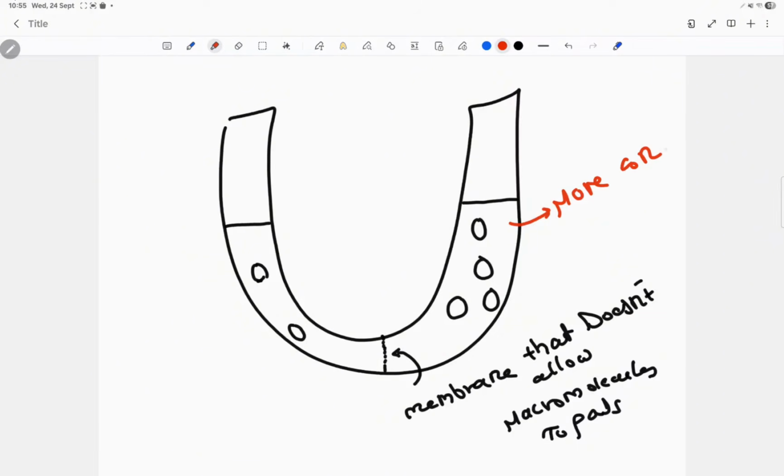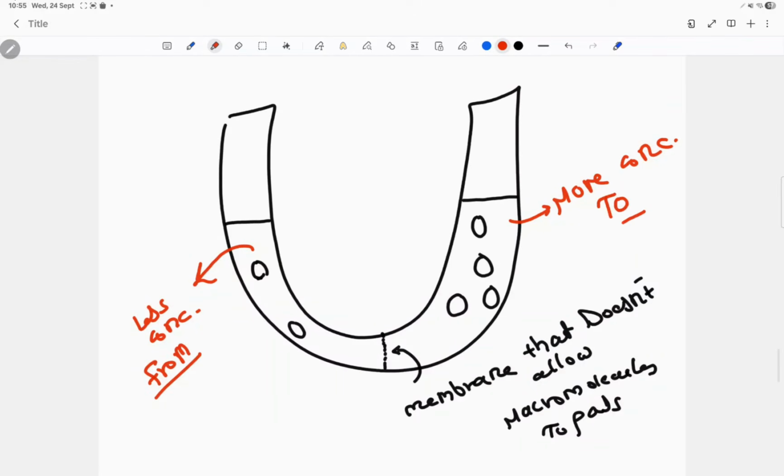Why? Because we have more macromolecules in the same volume of water as the left side. On the left side, we have the same water but fewer macromolecules, so we have less concentration. And water always goes from the less concentration to the more concentration.